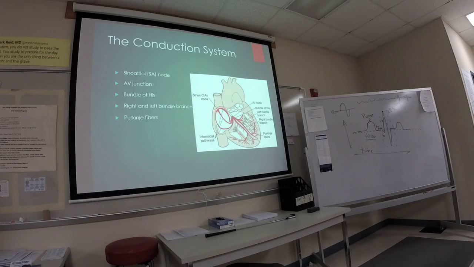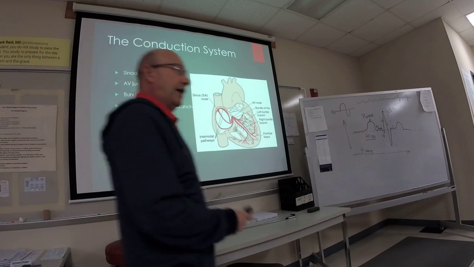All right, so it starts off at the SA node, and then, because the two atria contract together, you have another line. If you were to draw it over to the left atrium, you would have an internodal pathway.